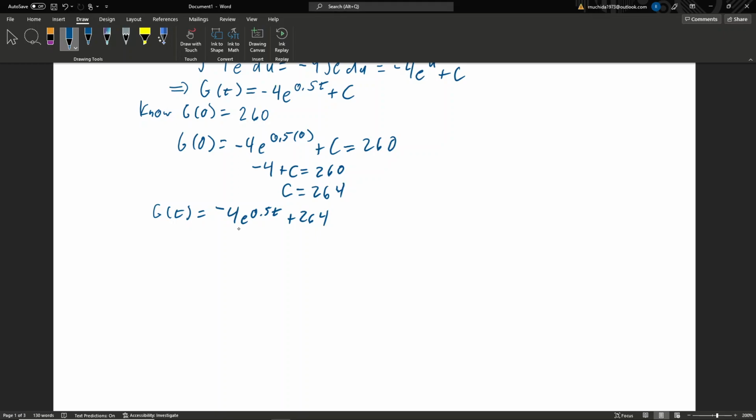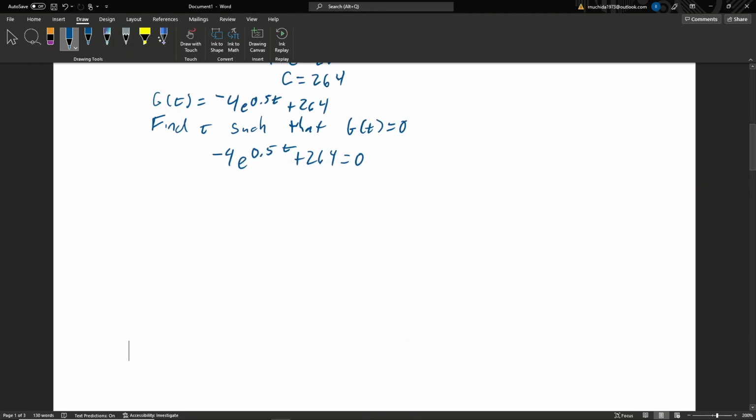The question asked, when does the fruit fly population reach 0? So we're trying to find t such that g of t is equal to 0, that our fruit fly population is 0. So what we do is set our function equal to 0 now that we have it. So that'll be negative 4 e to the 0.5t plus 264 equals 0.